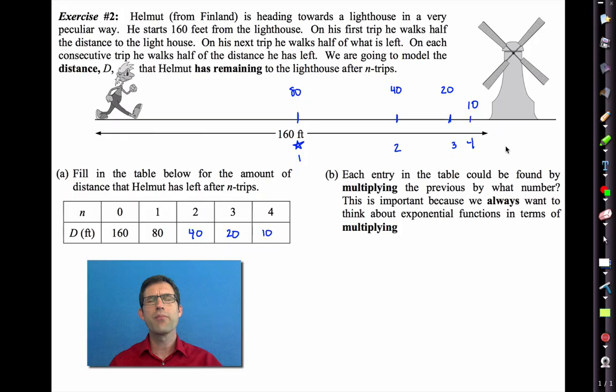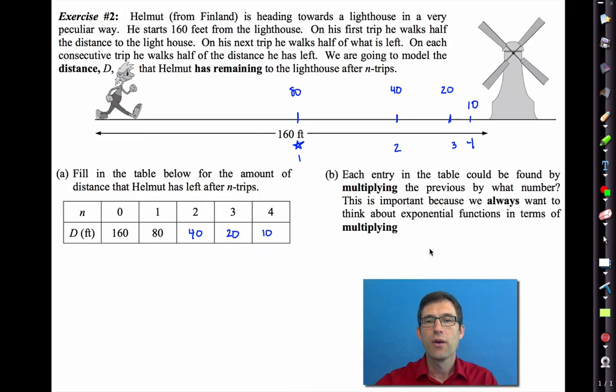Now, this is very, very important. Exponential functions are all about multiplying. They're not really about dividing. So if I can avoid the idea of division by 2, I'd like to do that. So B says each entry in the table could be found by multiplying the previous by what number? Hopefully by 1/2. Right? Division by 2 is the same as multiplying by 1/2, right?